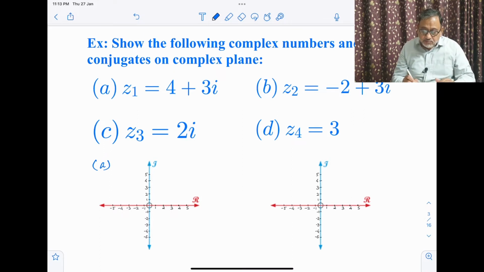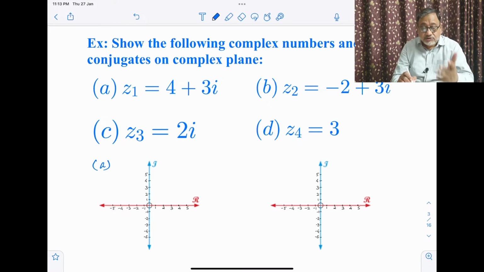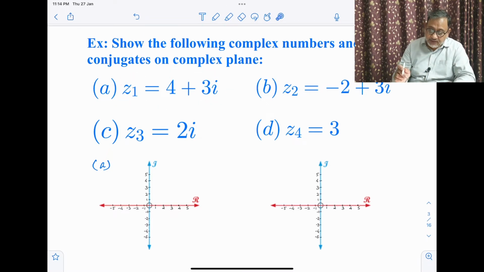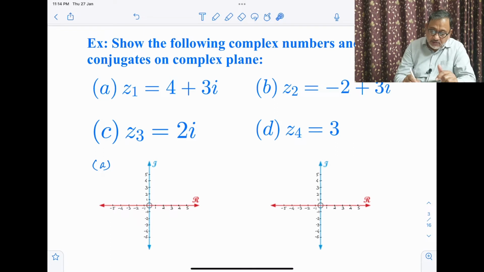This complex number is Z1, which is equal to 4 plus 3i, and it will be in the first quadrant. So this complex number Z1, 4 plus 3i, I am going to represent in the complex plane.